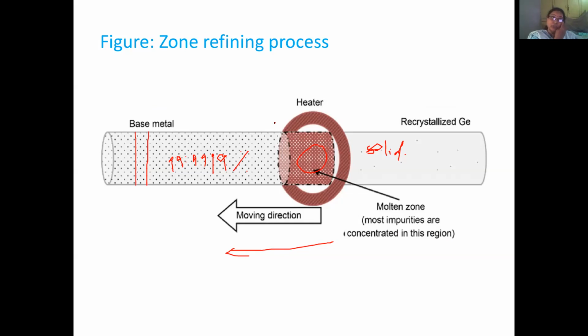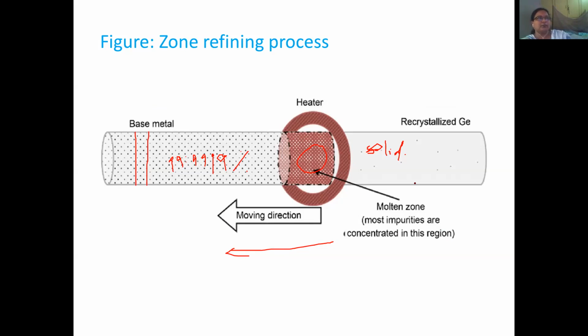In today's class we have studied the introduction of semiconductors: what a semiconductor is, its properties, its applications, its importance, and its types, that is intrinsic and extrinsic. In extrinsic again we have p-type and n-type.